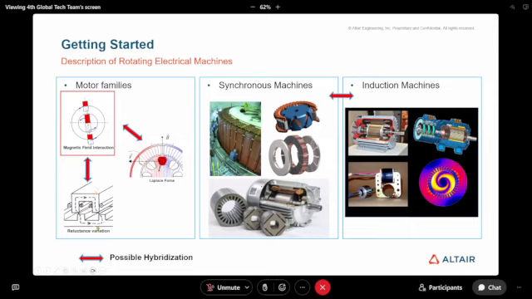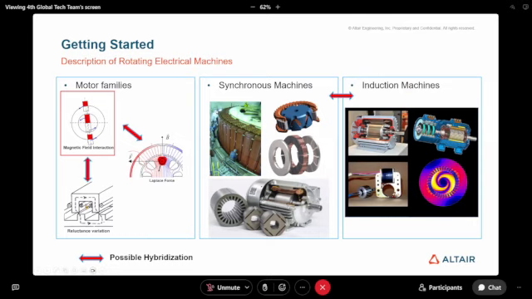The synchronous reluctance machine is a hybridization between this AC magnetic field machine and the reluctance variation family, because there is no magnetic field on the rotor, and the stator is supplied with AC current, whereas the switch reluctance machine we supply with a pulse of current depending on the rotor position.